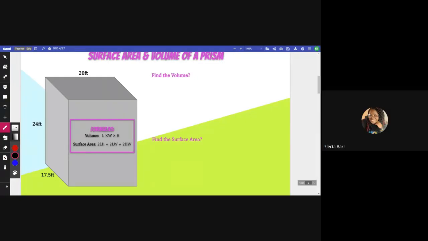We're just doing some review right now on rectangular prisms. If you need the formula sheet, I'll put it back in the chat for you. We're working on this one problem: you're finding the surface area and volume of this prism.